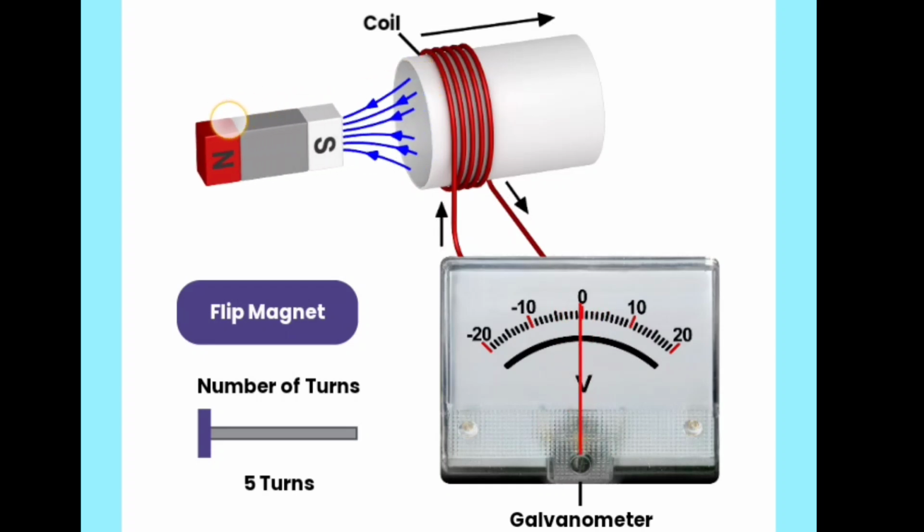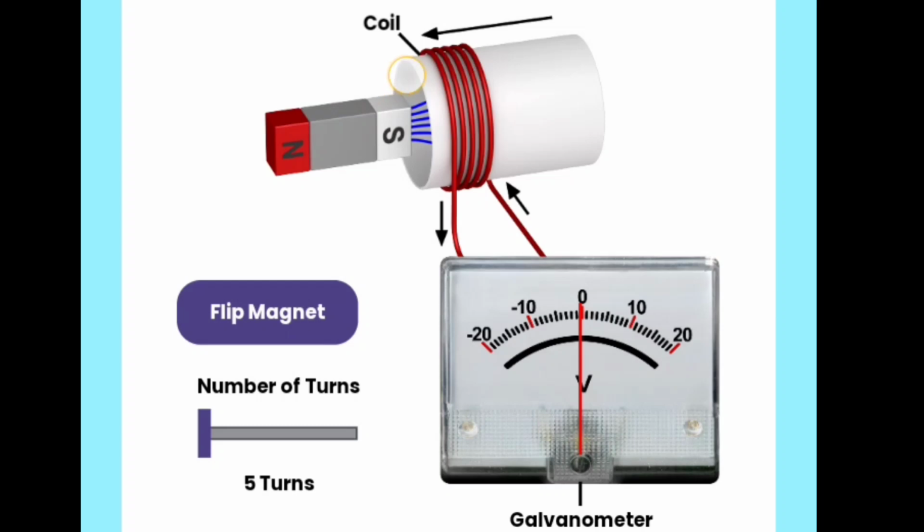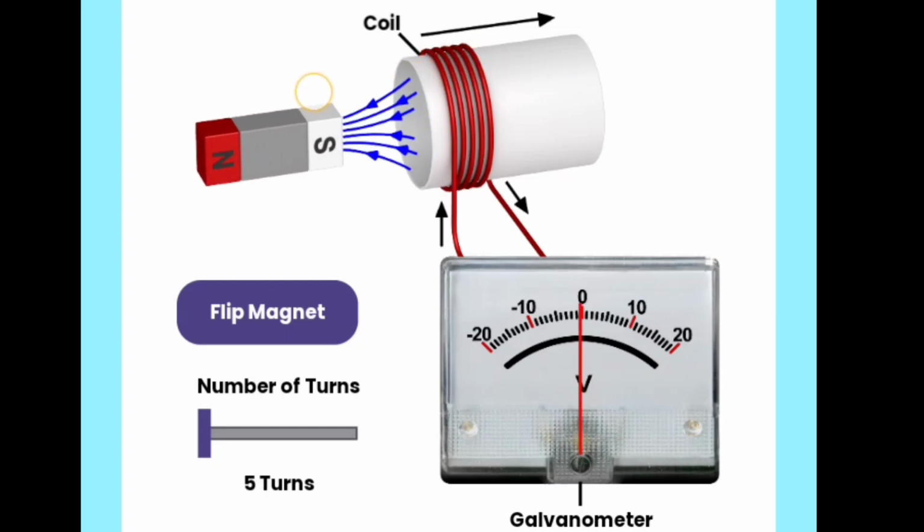Again I am going to perform the same concept. Just take the bar magnet closer to the coil, then away from the coil. We see that the galvanometer shows deflection, but this time it is in the opposite direction as compared to that shown with the similar movement of the magnet when the north pole is facing towards the coil.